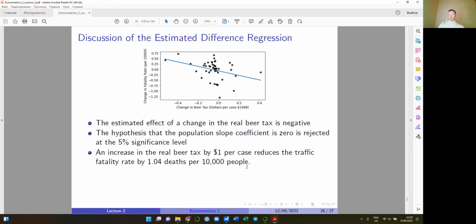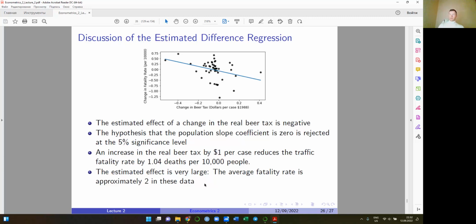Now let's think practically: is this a large effect or not? The average fatality rate is approximately 2. Simply increasing the tax by $1 will reduce traffic deaths by half, which is a very large effect relative to the data.